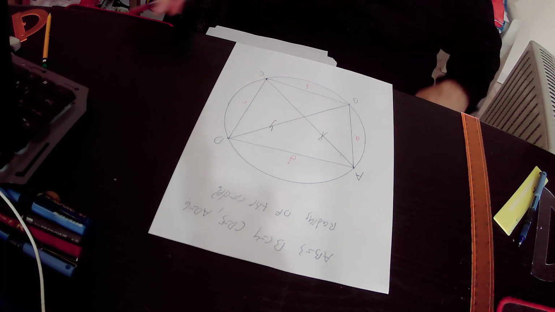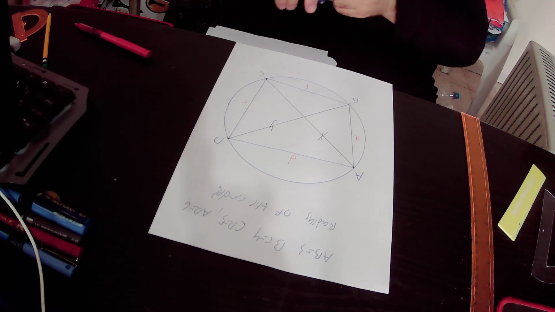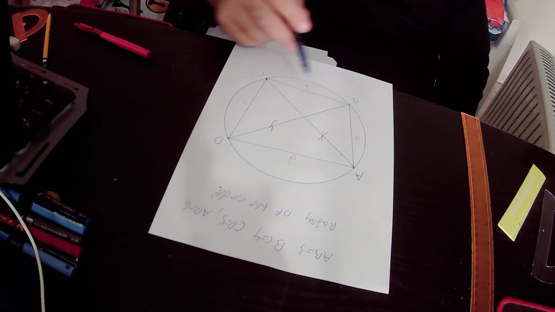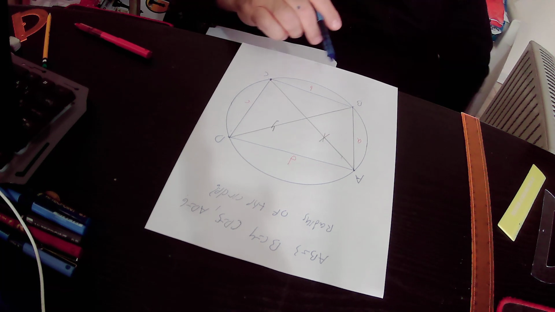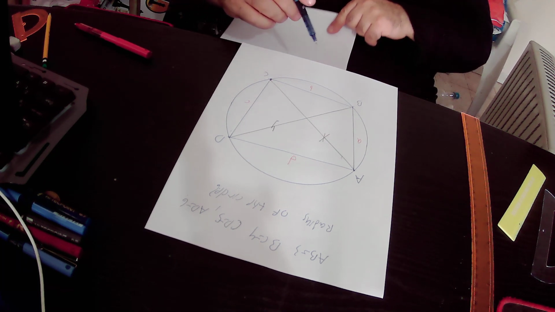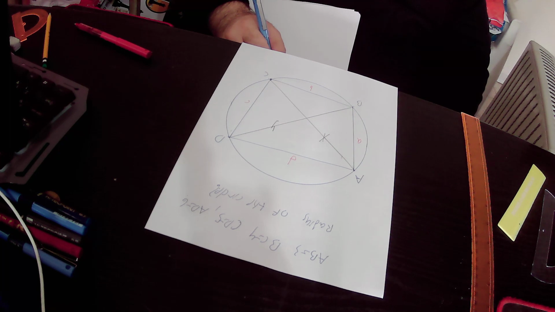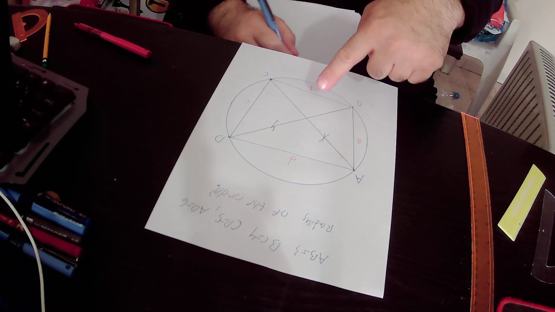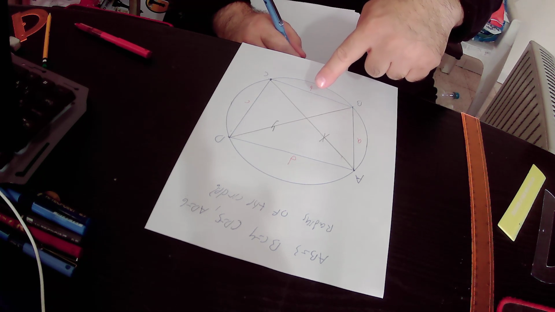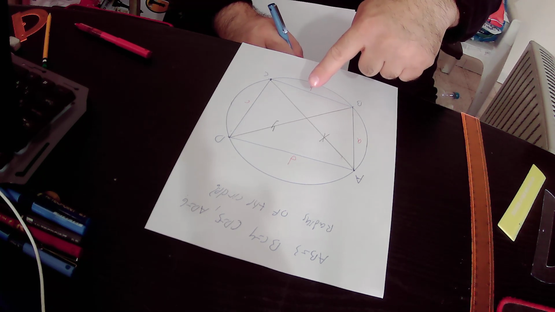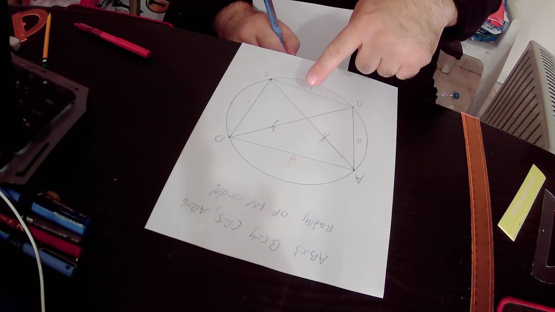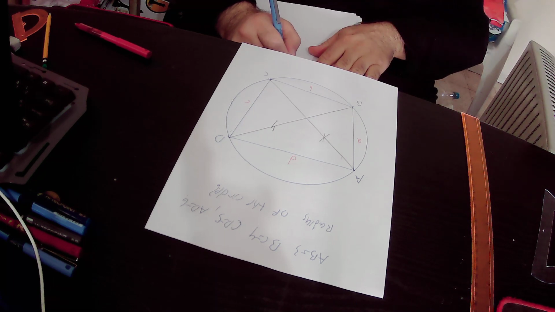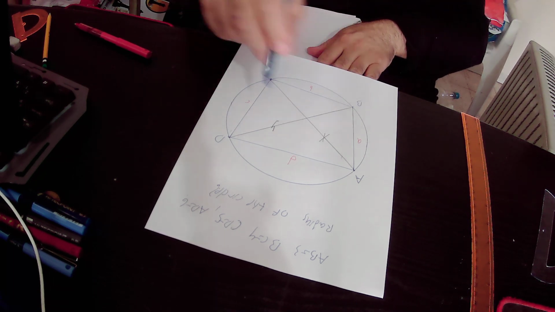Okay, so in the next step we will repeat the same process for y. We will implement rule number 3 on triangle BDC. Triangle BDC is inscribed by this circle.